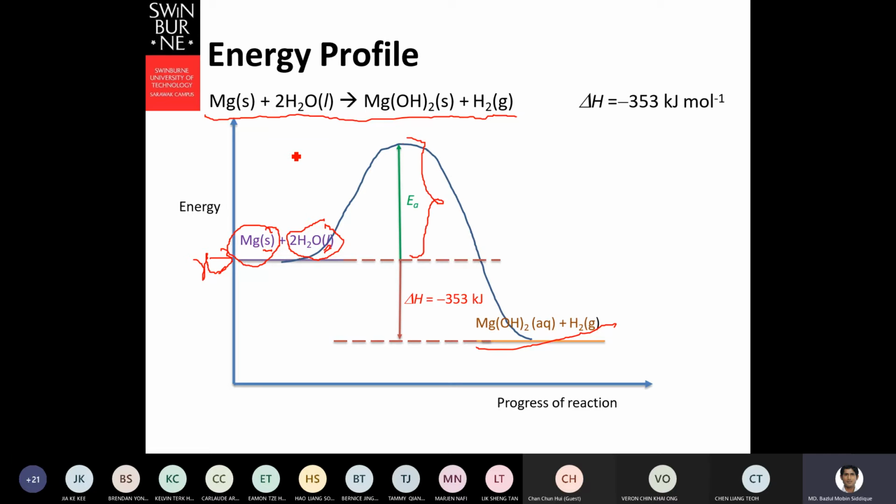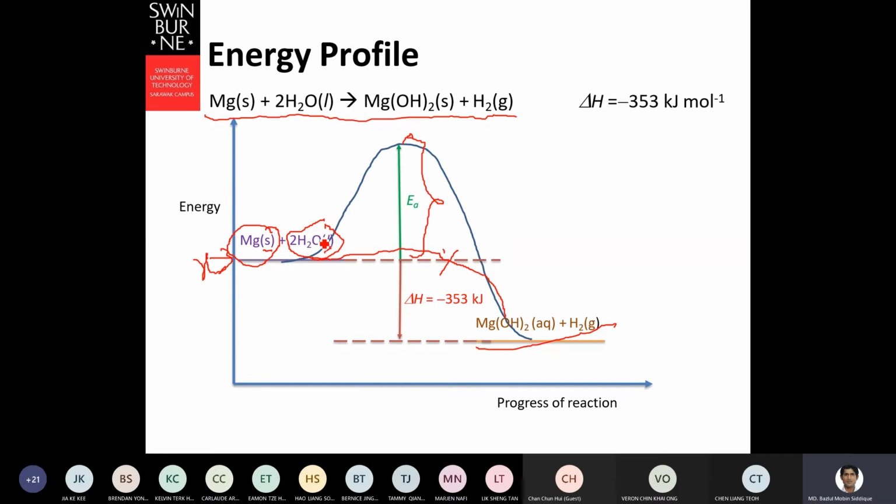You have to provide this activation energy to the reactants so that they can form a product. If this activation energy is not given, the reactants will never go to the product side.